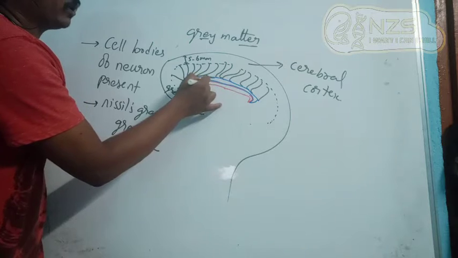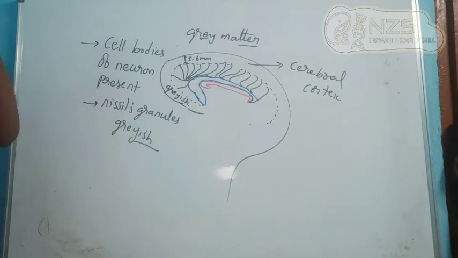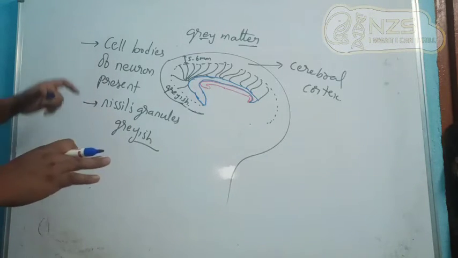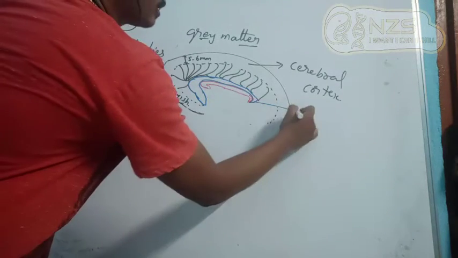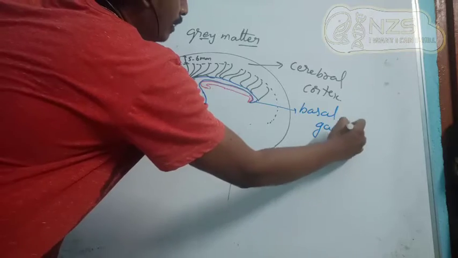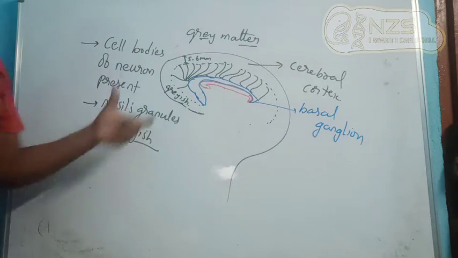Just above the corpus callosum, you can see the formation of a ganglion called the basal ganglion. So in the cerebrum we can see the cerebral cortex, and we can also observe the second part which is called the basal ganglion.